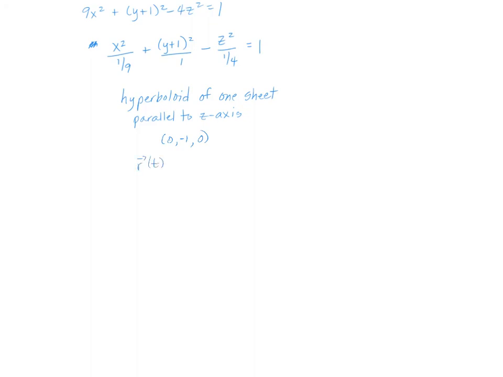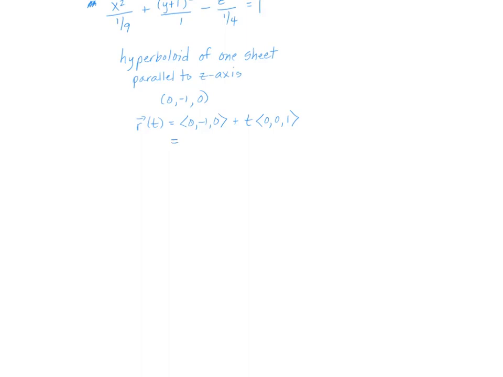Then the line passing through this point and parallel to the z-axis, so I can look at a direction vector as being 0, 0, 1. So that would be the line 0, -1, t.